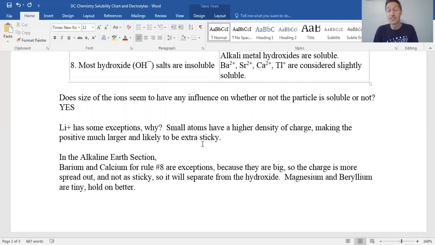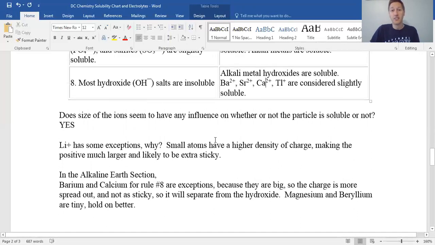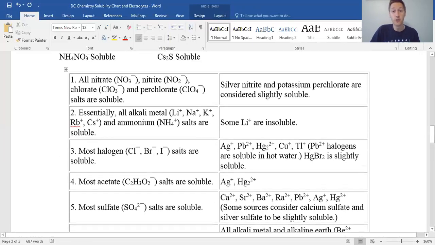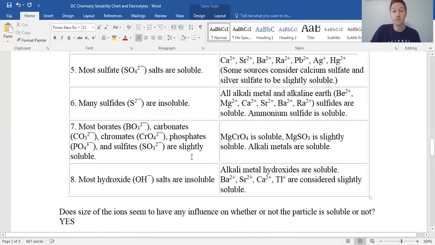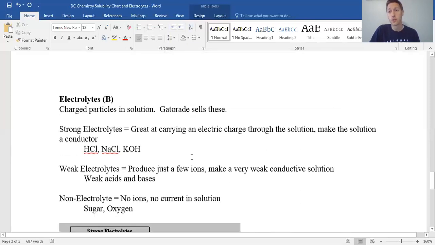In general, as the positive atoms get tinier, they get more insoluble because they get stickier. That's also why this chart doesn't include fluorine. Fluorine is very tiny, and even though he has the same negative charge as chlorine, bromine, and iodine, he's just extra sticky.